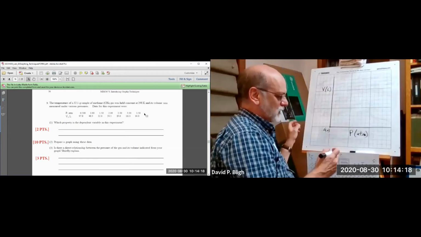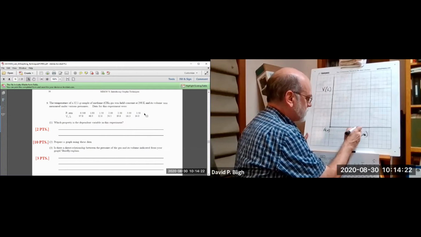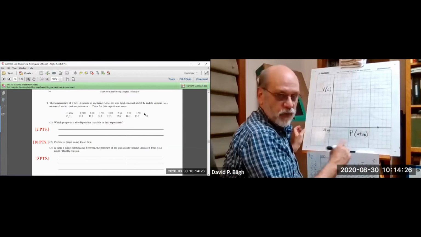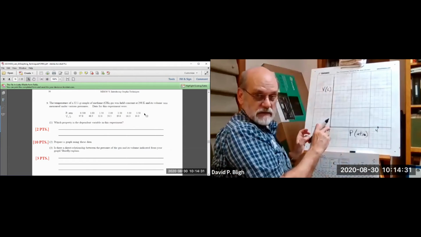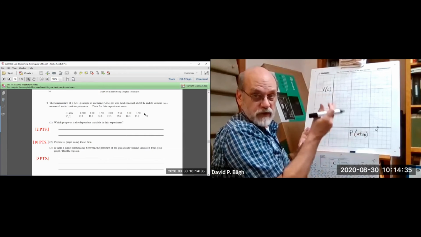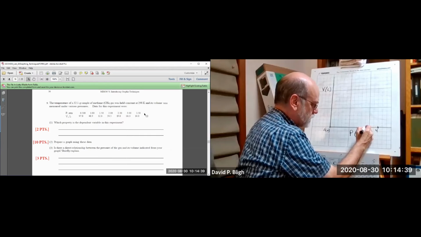But that's okay. So let's say 1, 2, 3, 4, 5, 6, 7, 8, 9, 10, 11, 12. So at that point, we're going to call that 4. That means to get 12 squares into 4, each one is worth a third. Right, so 1, 2, 3. This would be 3.